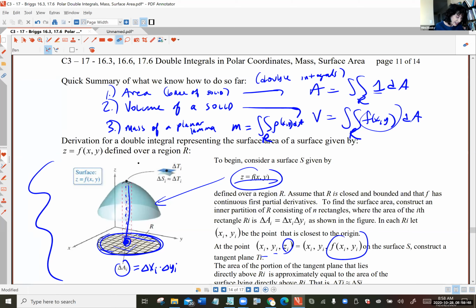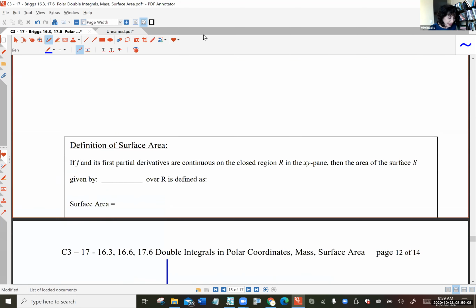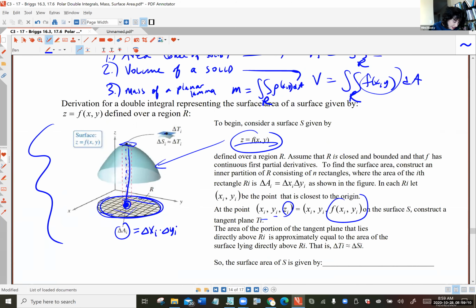The plan is, I don't know how to find the area of that curvy thing up there on the surface. So how about instead, I know how to find tangent planes, because we just got done with the chapter on finding tangent planes. I'm going to make a little teeny itty bitty tangent plane up there that's hovering over the surface. If you look at this little picture here, keep your eyeballs on that.